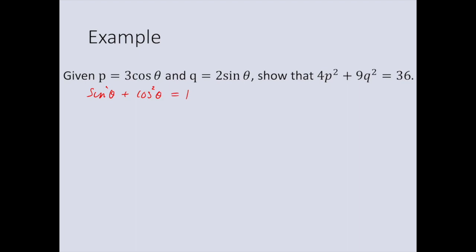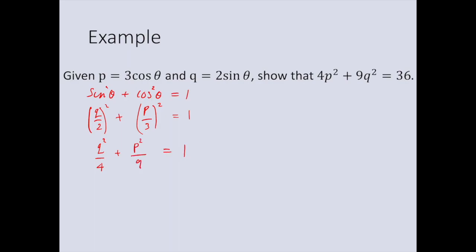So this would be p over 3 squared. q equals 2 sine theta. So sine theta is q over 2. So again, we could write that as q over 2 squared. Put those equal to 1. Okay, this is looking all right, actually. So we've got q squared over 4 plus p squared over 9 equals 1.